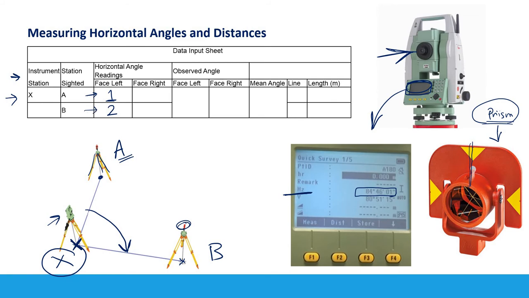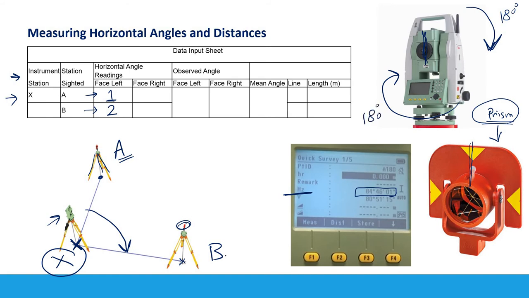Now at this point, guys, you need to flip the telescope. This is the telescope. You need to flip the telescope 180 degrees, and then rotate the total station horizontally by 180 degrees as well.